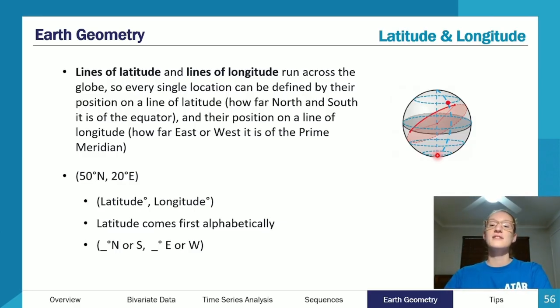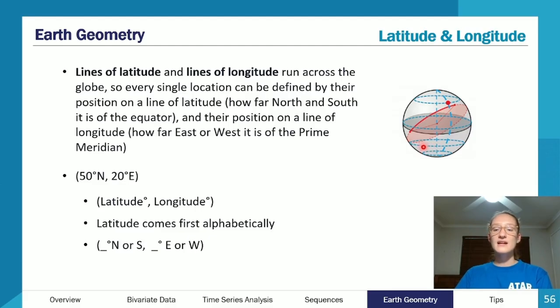But what I want to draw your attention to is that this parallel of latitude and this line of latitude, because they're at different horizontal points of the Earth, they actually have very different circumferences.